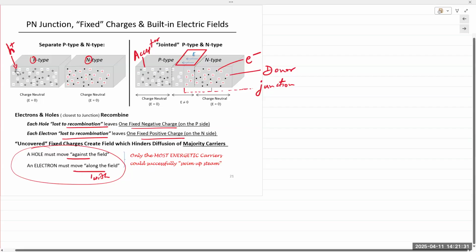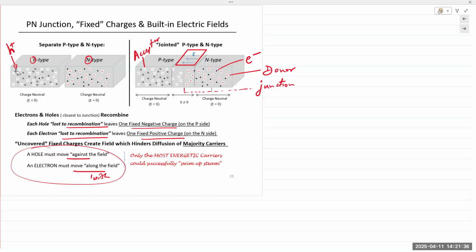If the electron moved away and recombined with a hole, it's leaving behind one extra positive charge that is referred to as an uncovered, unmatched or mismatched ion. That's what it means. So uncovered means it's unbalanced. It's not balanced with a charge on the other side. Does that make sense? Yeah, thanks. Okay.